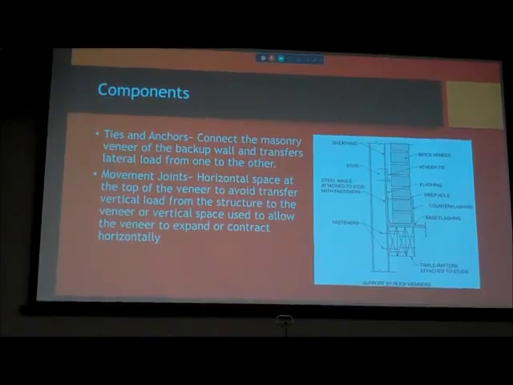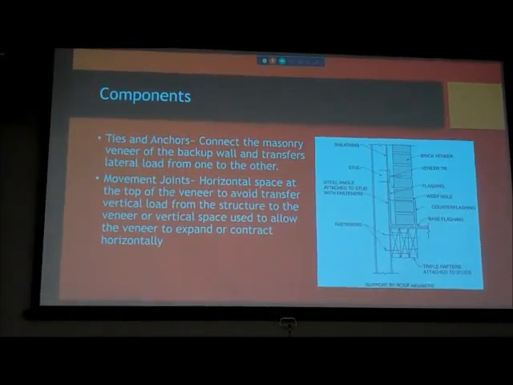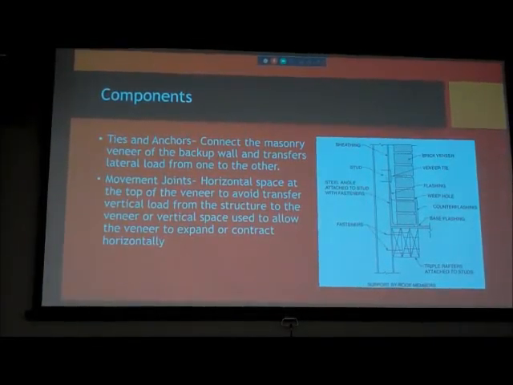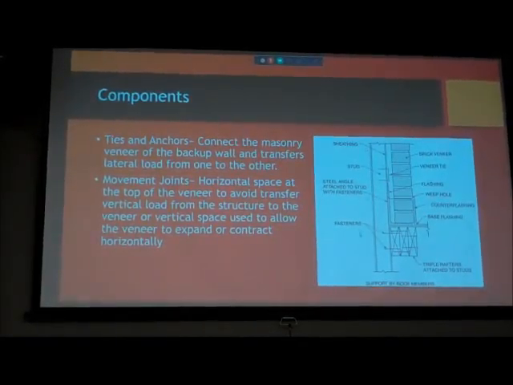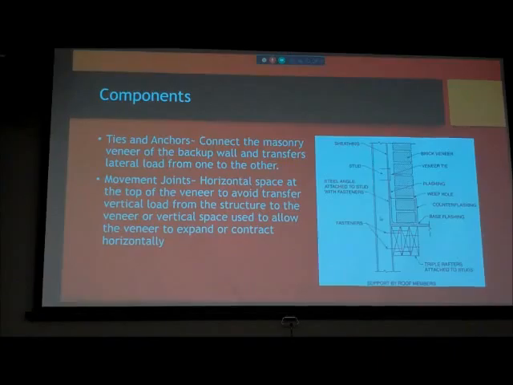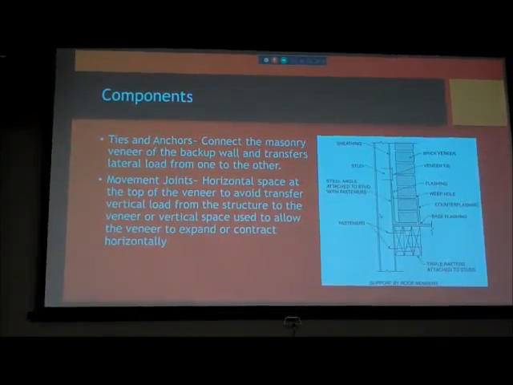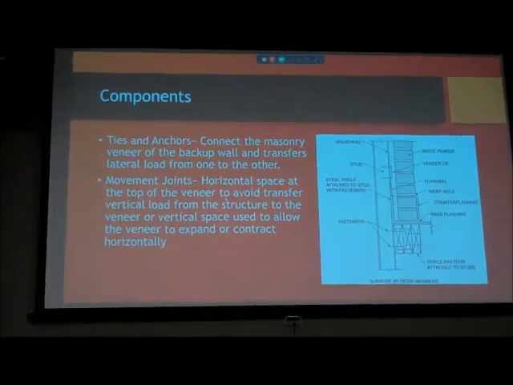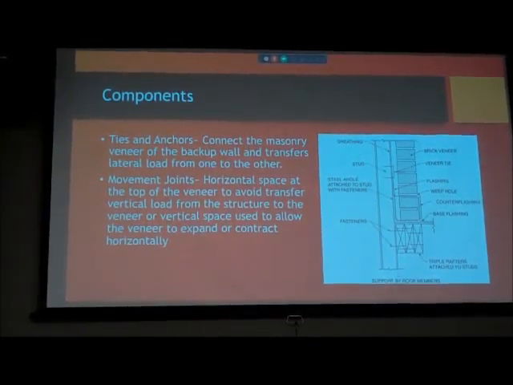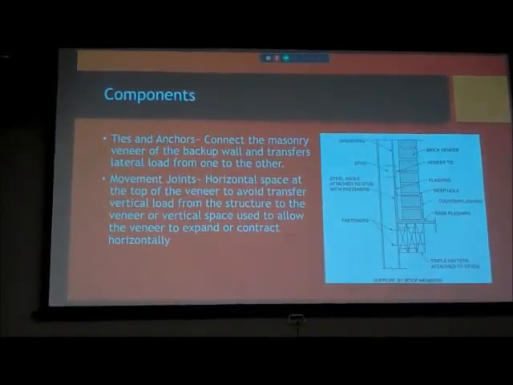So this right here is a tie. It ties the veneer to the structural backing. Whatever, like in this case, it is steel. It could be timbers or other components.